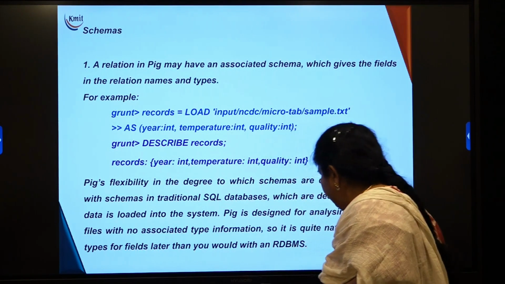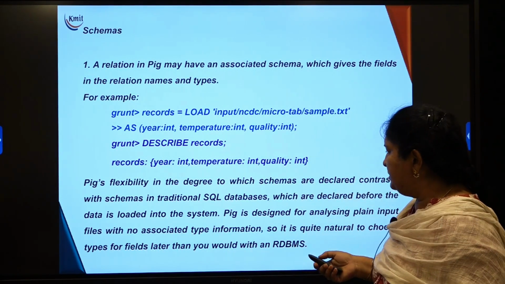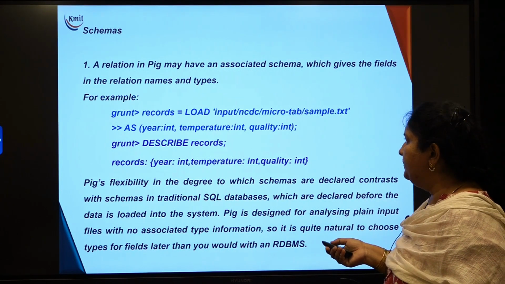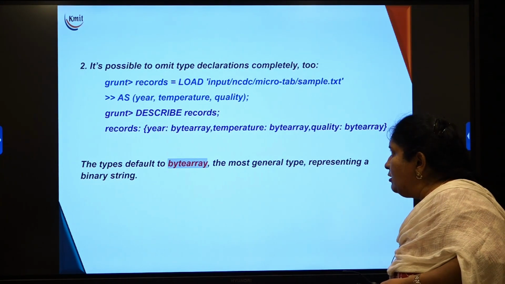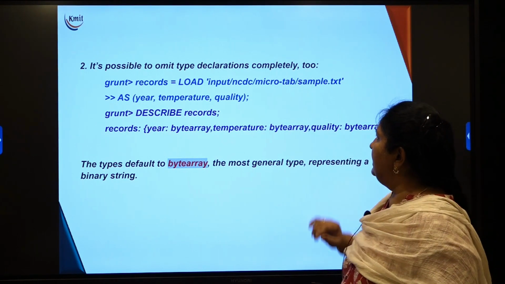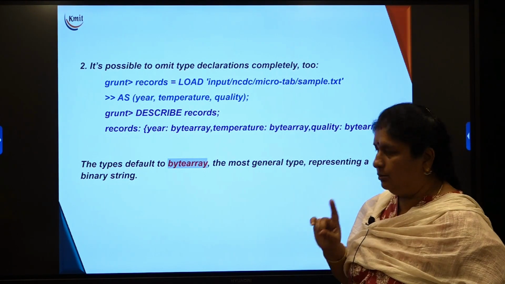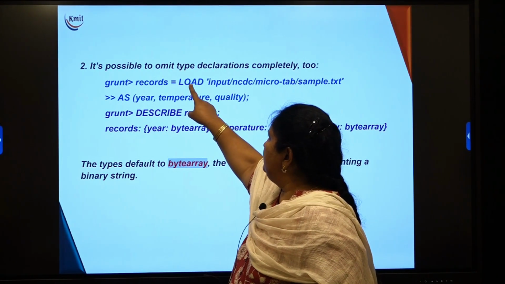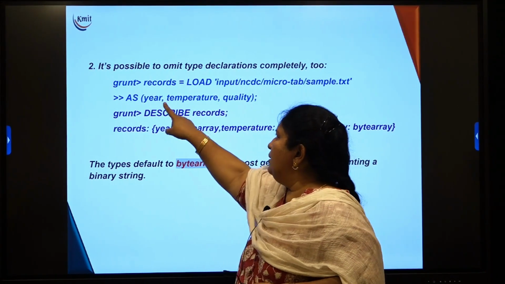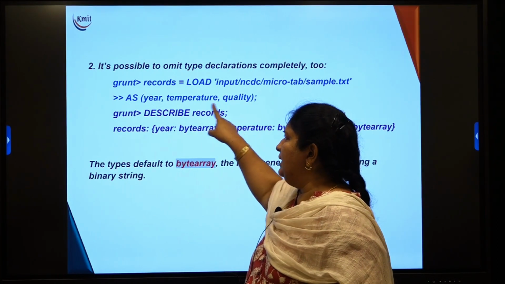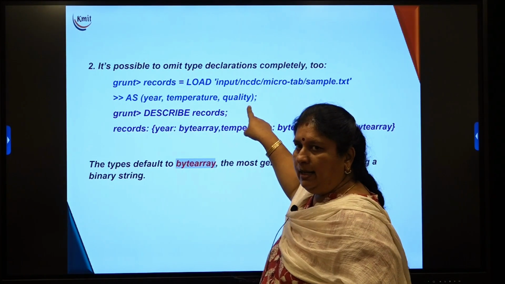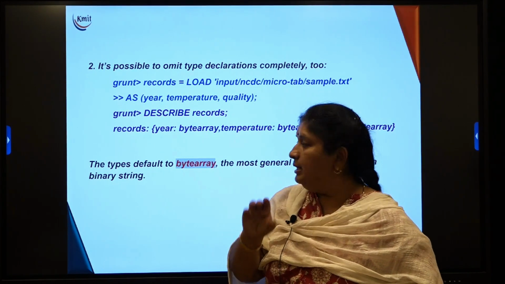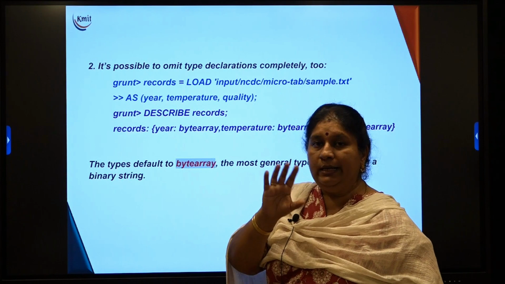Now, Pig gives us flexibility to specify the schema in multiple ways. I will show the second way. It is possible to omit type declarations completely also. If you see the difference here, records is equal to load the data set. Here also I am taking 3 attributes only, but did I mention the data type? In the previous one, I was mentioning year as integer, temperature as integer, quality as integer.